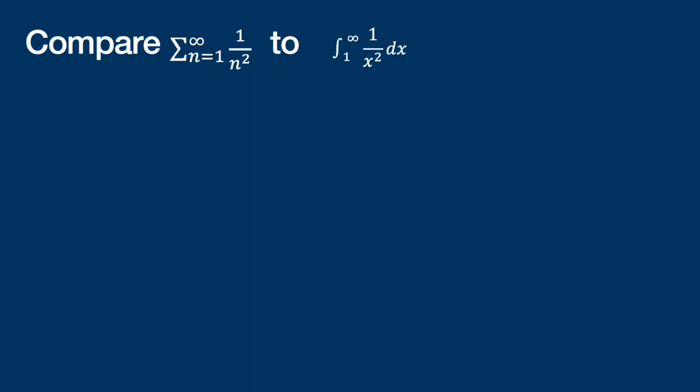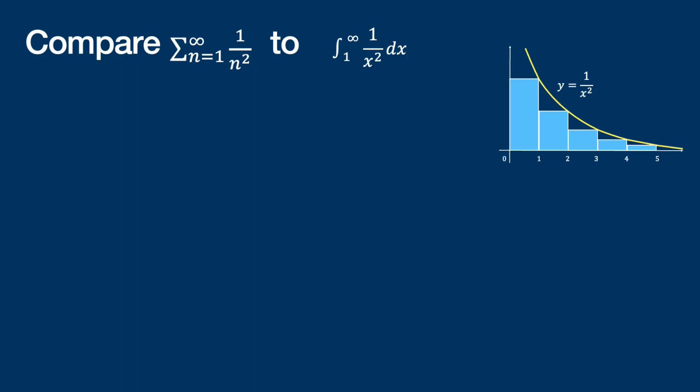Now, guys, I want to compare the infinite series and the improper integral. What does this infinite series represent? Here, the infinite series represents the area of the rectangles below the curve. What does this improper integral represent? That's the area below the curve from 1 to infinity.